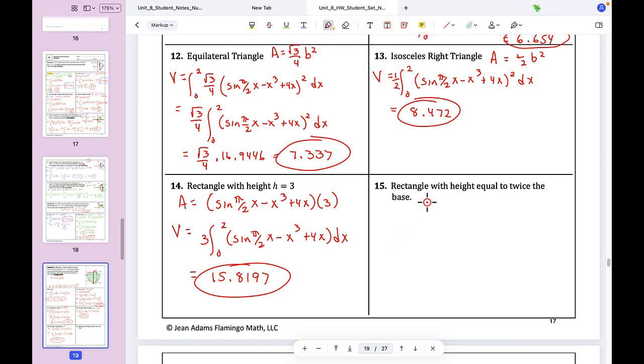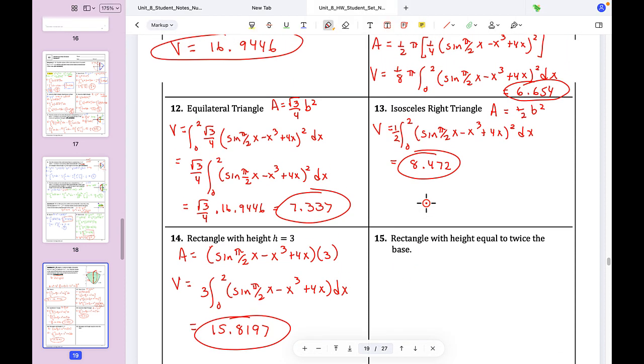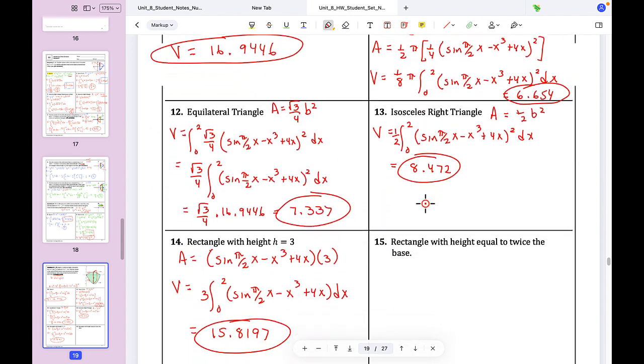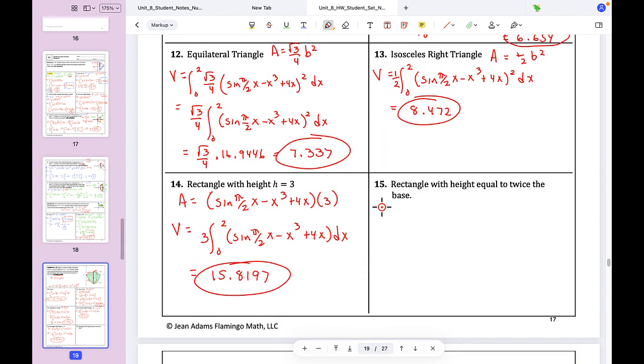Okay, number 15, a rectangle with a height equal to twice the base, okay? So again, we've got our base, right? So it's going to be the sine pi over 2x minus x cubed plus 4x, that's our base, right? Times the height. Now the height is twice the base, so it can be times 2 times sine pi over 2x minus x cubed plus 4x, right?